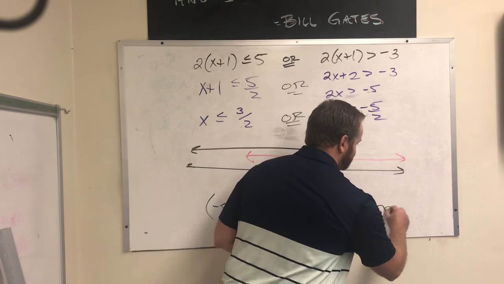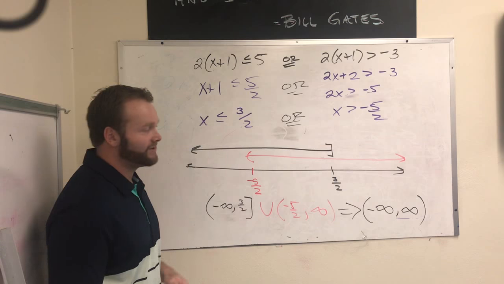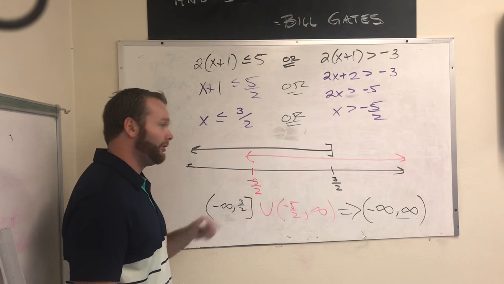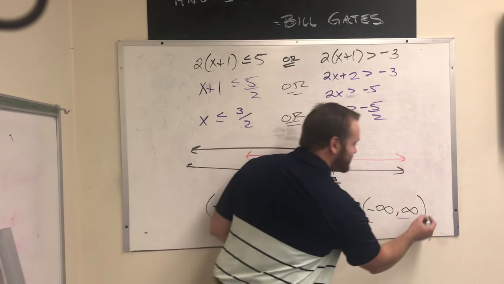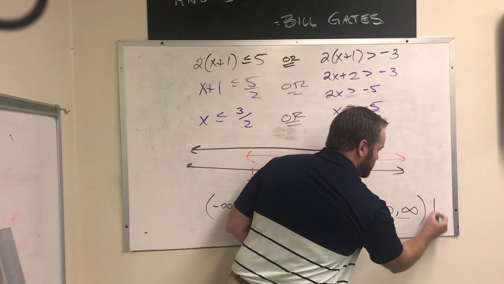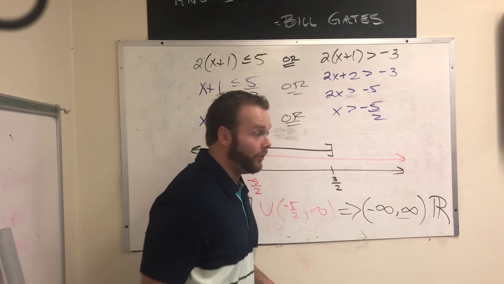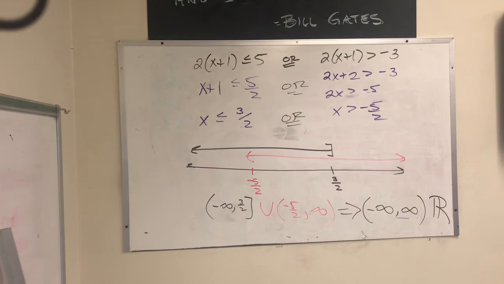Negative infinity to positive infinity. That's how we want to write it. That's how WebAssign is going to ask you, okay? That's what I'll be looking for on tests and quizzes. If you write this on a test or a quiz, or write out in words all real numbers, that's fine as well. Negative infinity to positive infinity, that interval notation is your number line, okay?